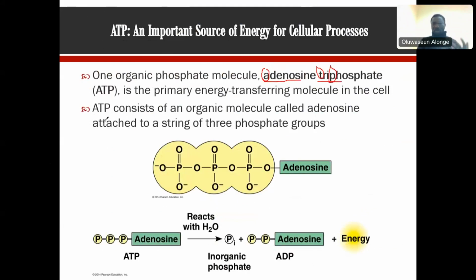Anytime you need energy, that is the energy currency. Now, adenosine triphosphate is not made in reserve. You don't make it to use it later. The body makes it as it's needed, right? So it consists of an organic molecule called adenosine attached to a string of 3 phosphates. So here are the 3 phosphates right here, and this is the adenosine.